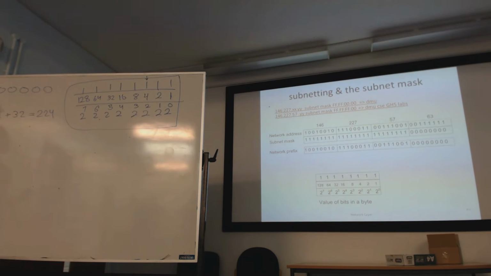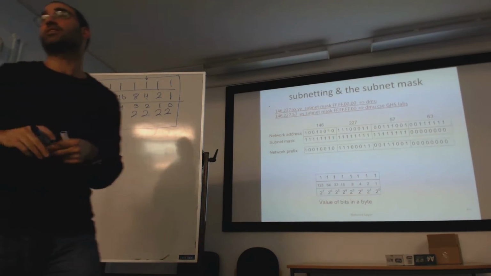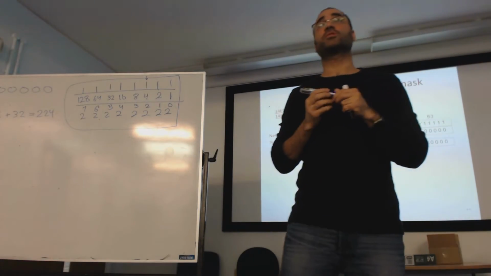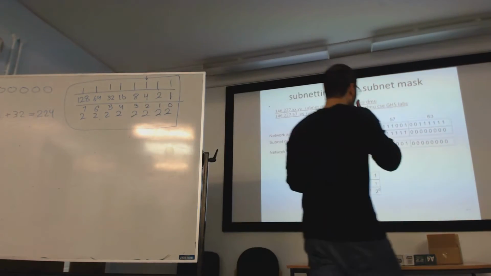So if I was trying to transfer bits into decimal, that would be the value. I'm looking at this table to get an indication of how to create the decimal number. Any questions? That should be straightforward. Good.